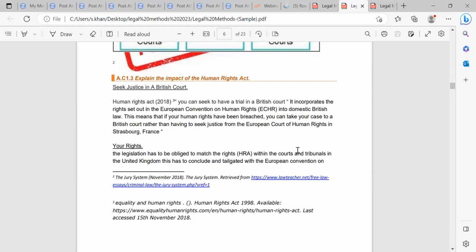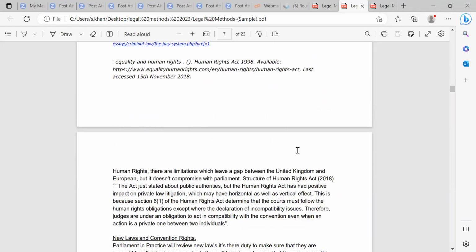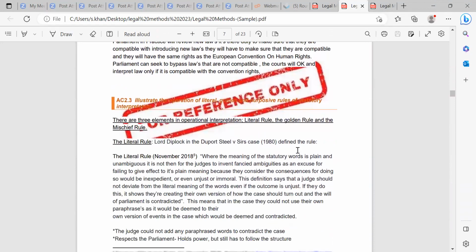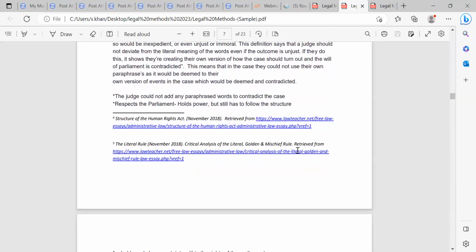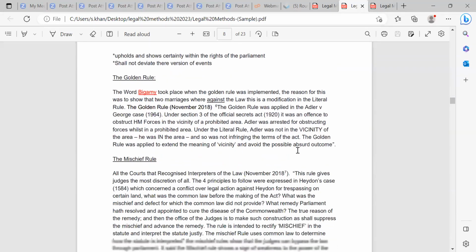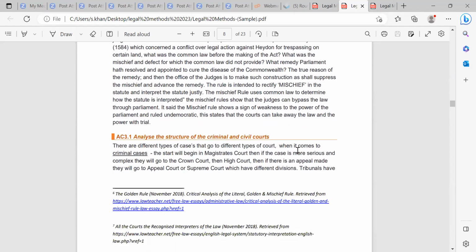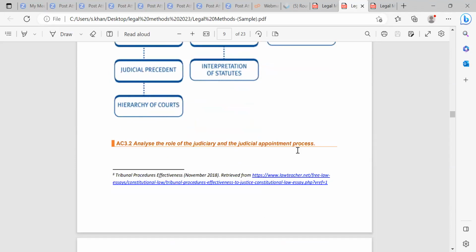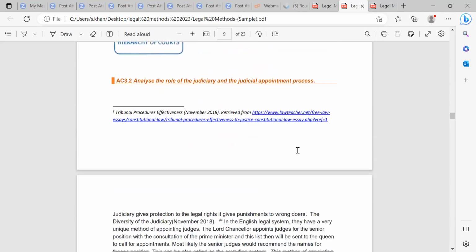Then AC 1.3, explain the impact of the Human Rights Act. So it helps the person doing it, but there's also a structure for you to hand in your assignments with all the headings under it. And then you look at analysing the structure of criminal courts. It's quite a good sample assignment for you to look at.